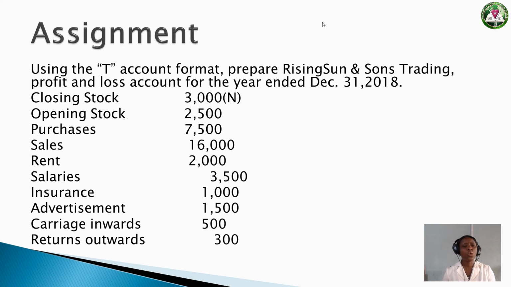Using the T account format, prepare Rising Sun and Sons Trading profit and loss account for the year ended December 31st, 2018. Closing stock 3,000 naira, opening stock 2,005, purchases 7,500, sales 16,000, rent 2,000, salaries 3,500, insurance 1,000, advertisement 1,500, carriage inward 500, return outwards 300.